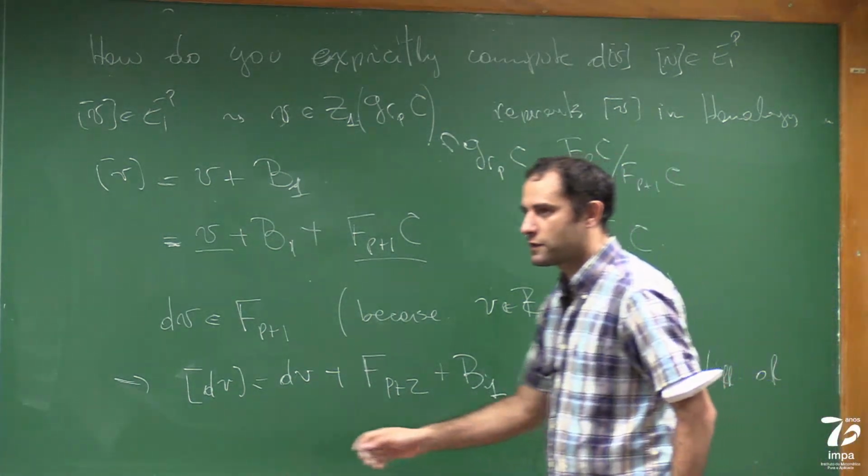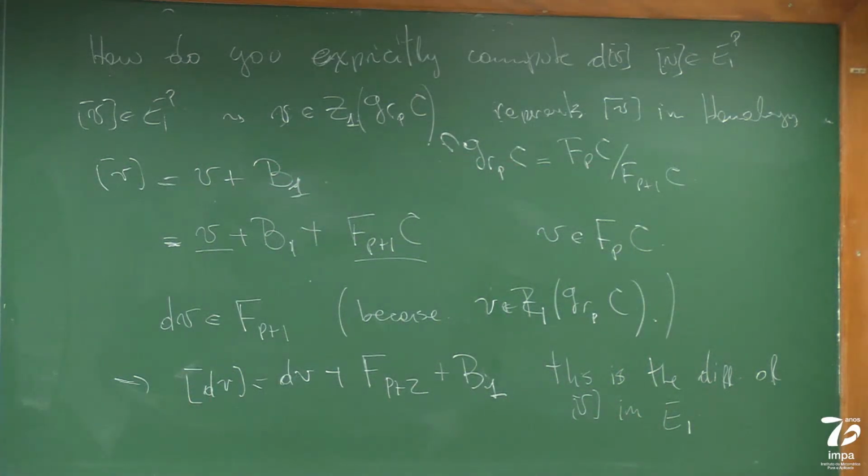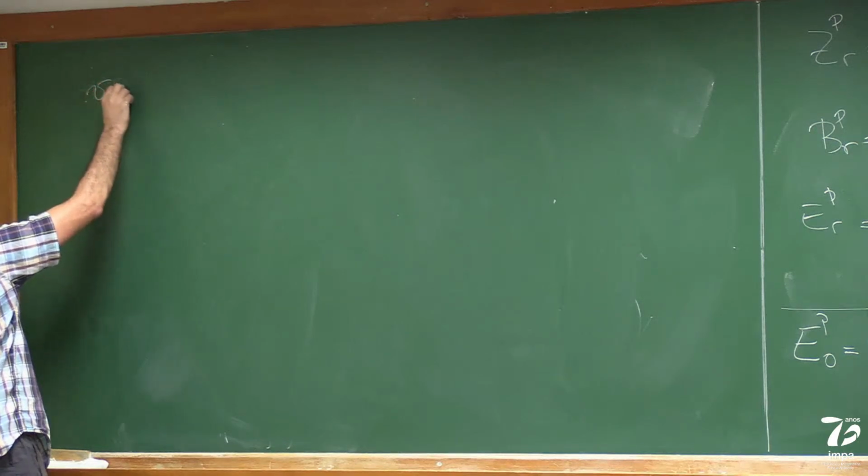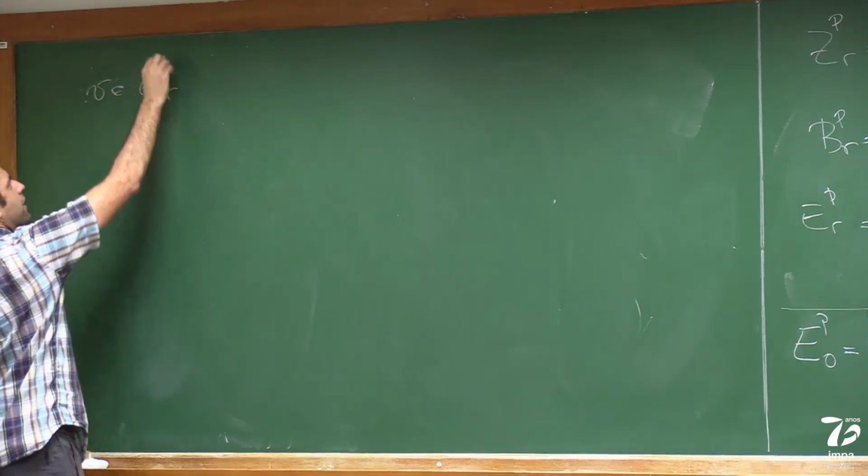And now you can iterate this process. The process is absolutely trivial. For Er, the differential on Er is, so the differential of an element, sorry, I pick some V, which is in Er^P.